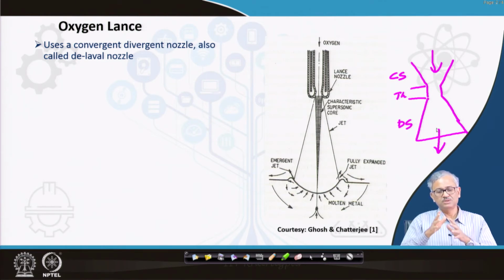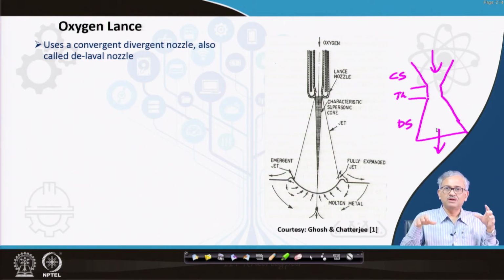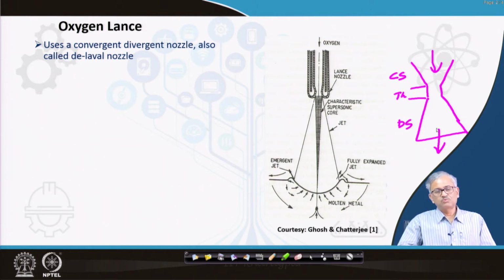By proper design of the convergent and divergent section lengths and all these things, you can get a very high speed oxygen jet emerging from the nozzle at atmospheric pressure. As a result, it will not interact with the ambient air, and the oxygen will travel at the same speed, in supersonic speed. So the supersonic jet will come out at around 1 atmospheric pressure, and the jet will progress through the atmosphere.